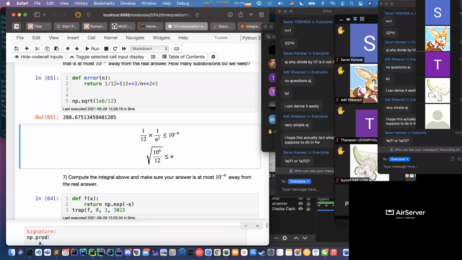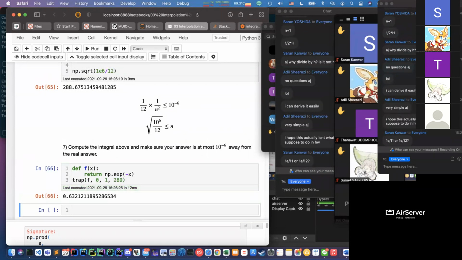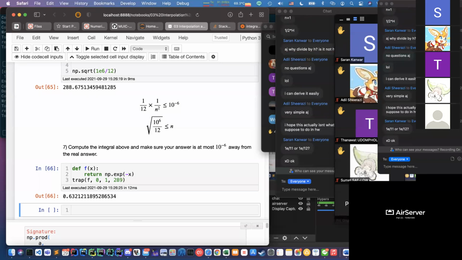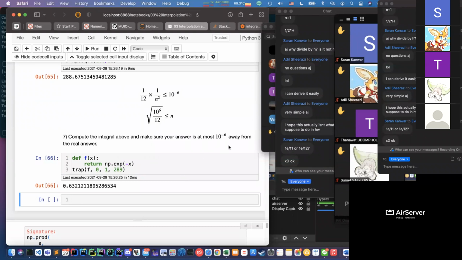Should be 12. 288, okay. Doesn't change that much. You don't really need to be that accurate. You can go overboard a little bit. Off by 1 or off by 10, I don't mind. Does that sound good to everyone?